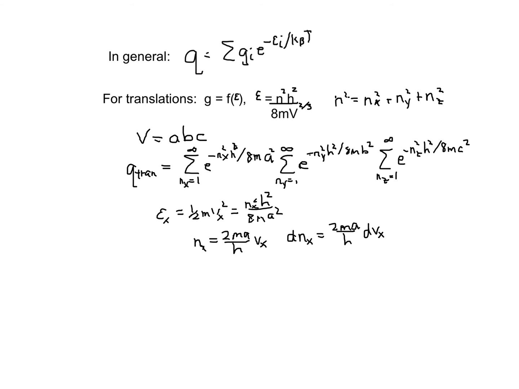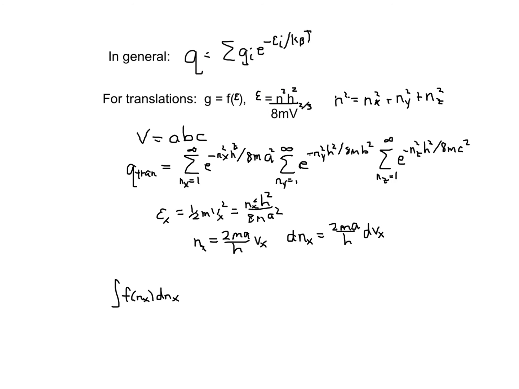Recall also that translational energy levels are so closely spaced that we can treat them as a continuum. This means we can write each sum as an integral. Thus, the sum over nx becomes an integral of a function of nx dnx. The limits of this integral should be 1 to infinity.